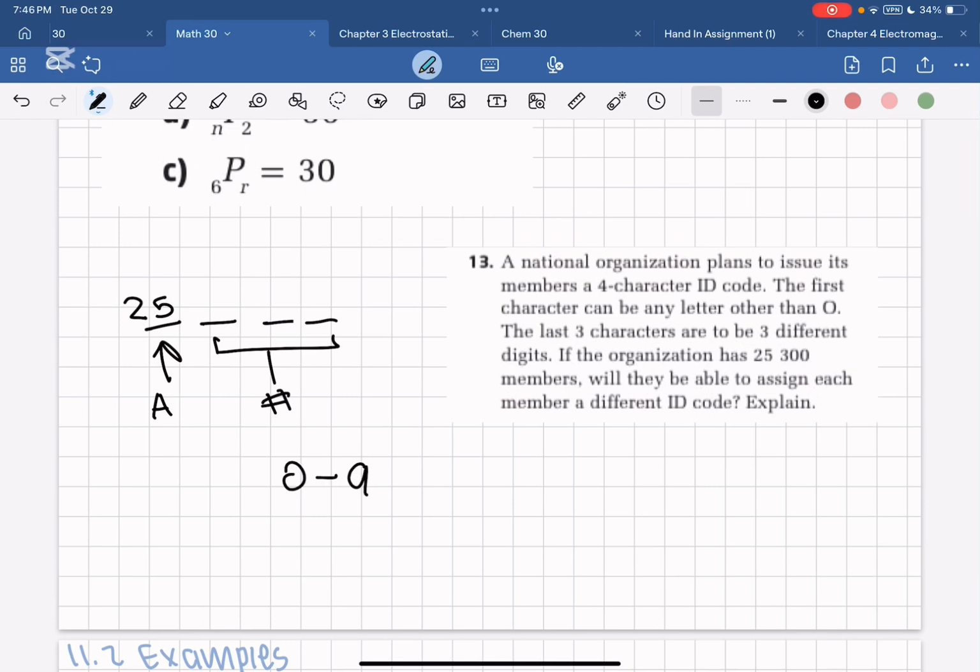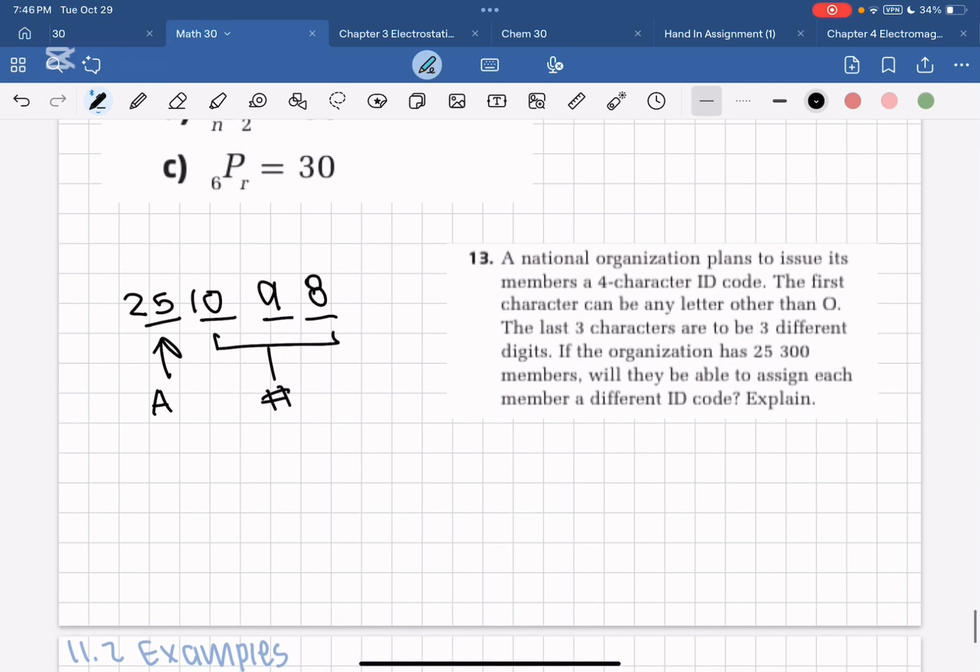From 0 to 9, that's 10 possible digits. So we start off with 10, and then after you use a number here, it can't be repeated in the third spot. So we have 9 left, and then you've used 2, so you only have 8 left. Once you multiply this, you will get 18,000.